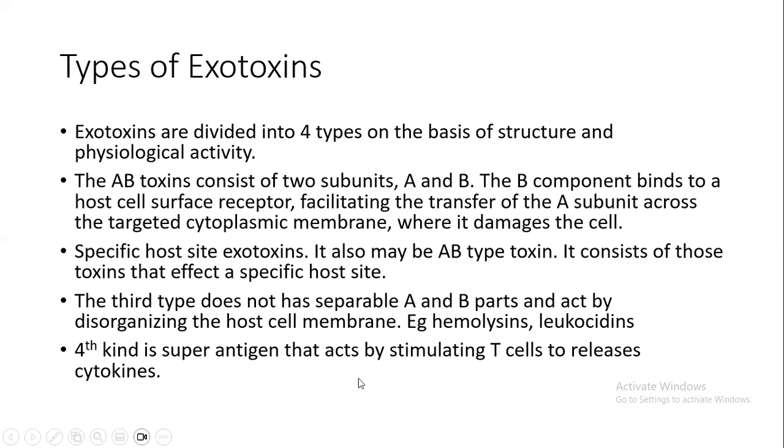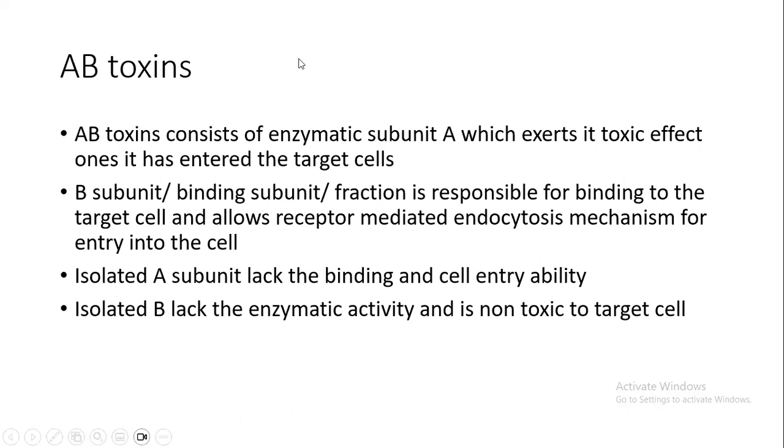Some examples of these include hemolysins and leukocidins, and these act by disorganizing the host cell membrane. And the fourth or last category are known as superantigens, since they will activate or stimulate the immune system, allowing release of certain cytokines.